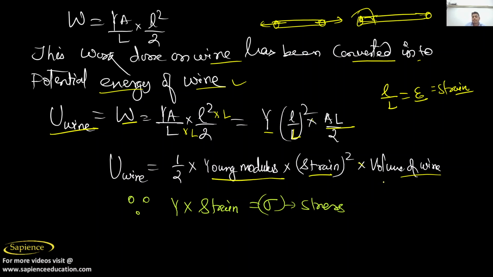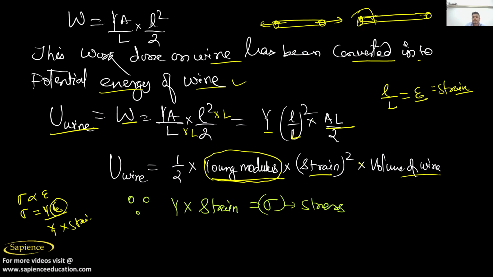Now tell me, as you know that stress is proportional to strain, or stress is equal to Young modulus of elasticity into strain. So here, Young modulus of elasticity into strain, one of the strains we can take here.